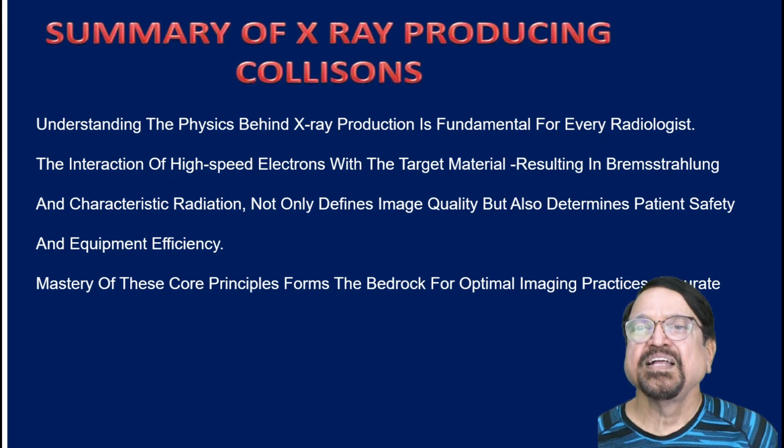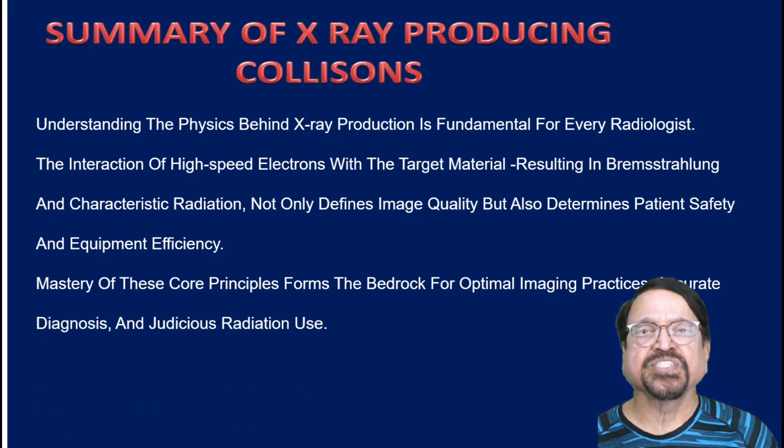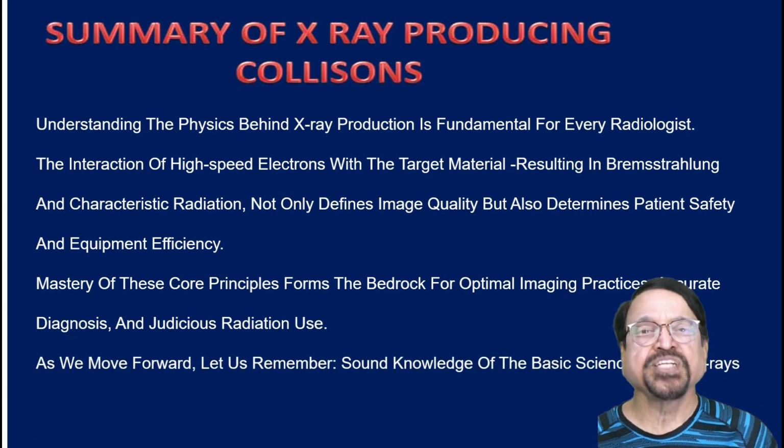The mastery of these core principles forms the bedrock for optimal imaging practice, accurate diagnosis, and judicious radiation use. Radiation is potentially harmful unless it is used properly and optimally.